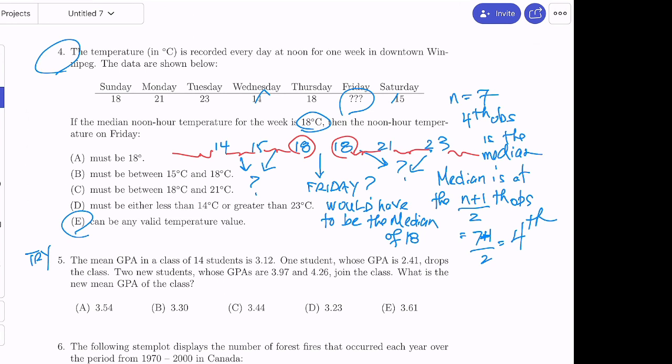Uh-oh, my pen has no power. Okay, I got to use something else. Just gonna charge it. Okay, let me use my, what is wrong with this thing?